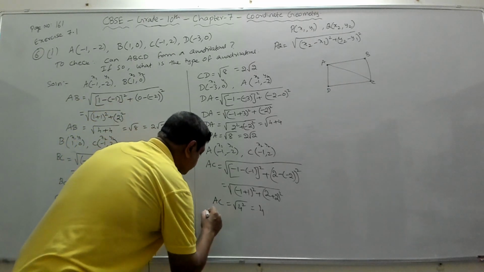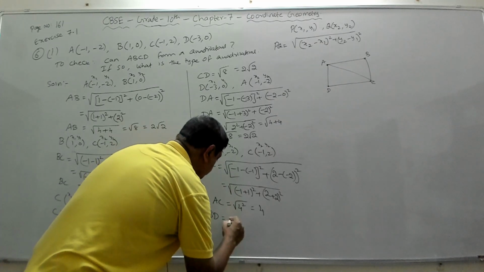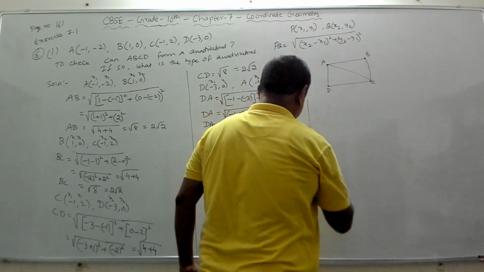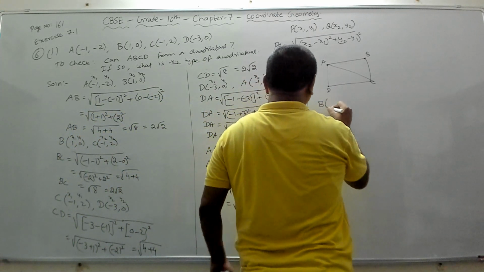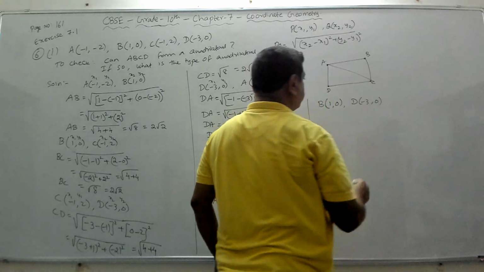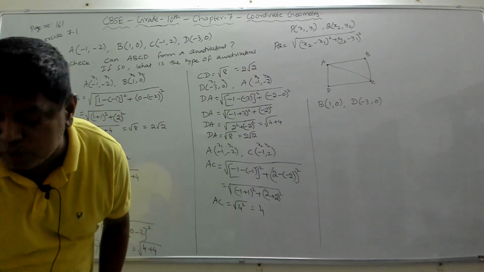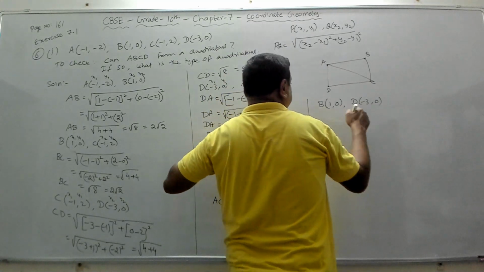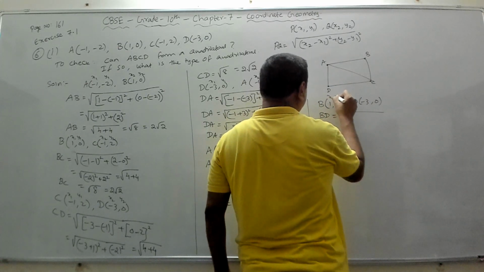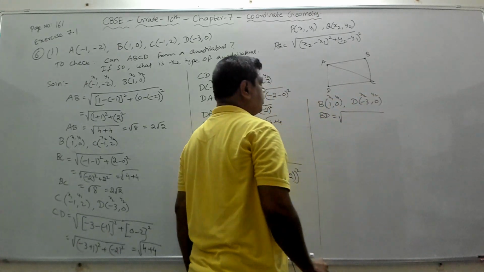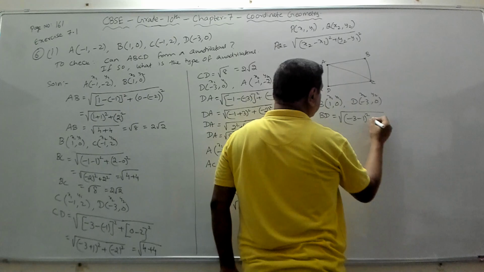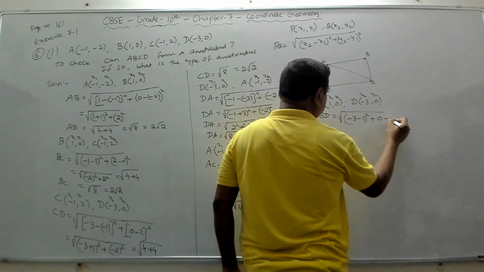Now let's find BD, the distance between the points B and D. B is (1, 0) and D is (-3, 0). Again we'll apply the distance formula, taking x1, y1, x2, y2. x2 minus x1 the whole square, so minus 3 minus 1 the whole square, plus y2, which is 0, minus y1, which is also 0, the whole square.